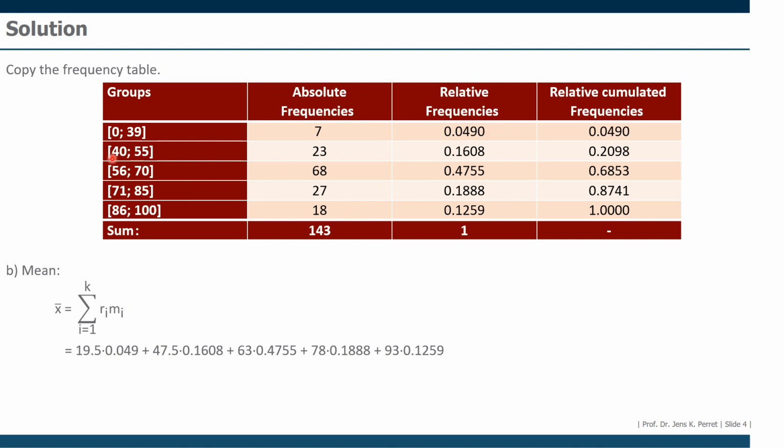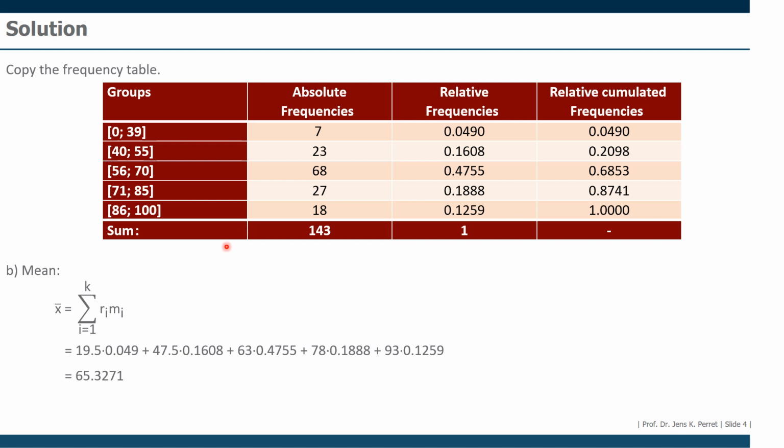The value between 40 and 55 is 47.5 times the relative frequency of 0.1608, and so forth. We're going to do this for all groups, and then finally adding it up, giving us an end result of 65.3271, which is our arithmetic mean for this data set.